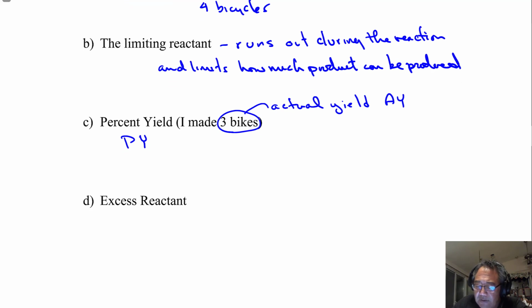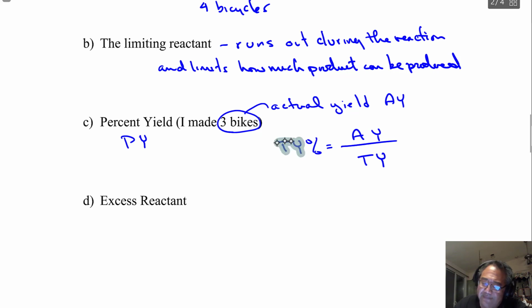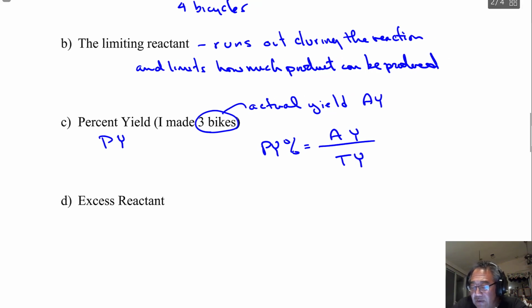Percent yield is the actual yield divided by the theoretical yield times 100. It's also often called the percent theoretical yield. So in this case, I made 3. I could have made 4, times 100, so that's 75%. So you have a 75% yield.